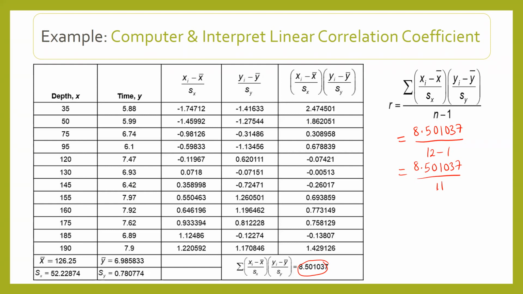And what I get after that, if you use your calculator, is 0.773. That is the correlation coefficient. Okay, and again, this can easily be obtained using Excel.